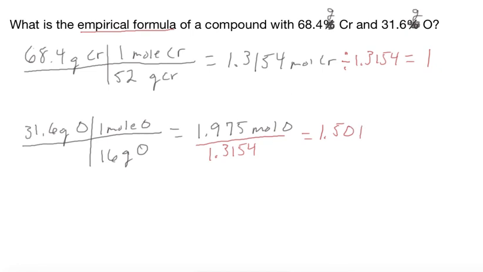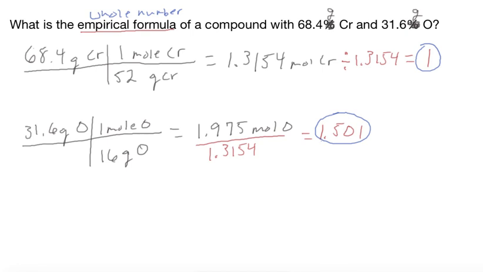So now let's switch colors here. Let's go to blue. So now typically this is the number that we would put next to the symbol, because this is your ratio, 1 to 1.5. But if you remember, empirical formulas is your lowest whole number. So we're looking for whole numbers. So 1.5 is right in the middle of 1 and 2. So I can't really round this to 2, and I can't really round this to 1.